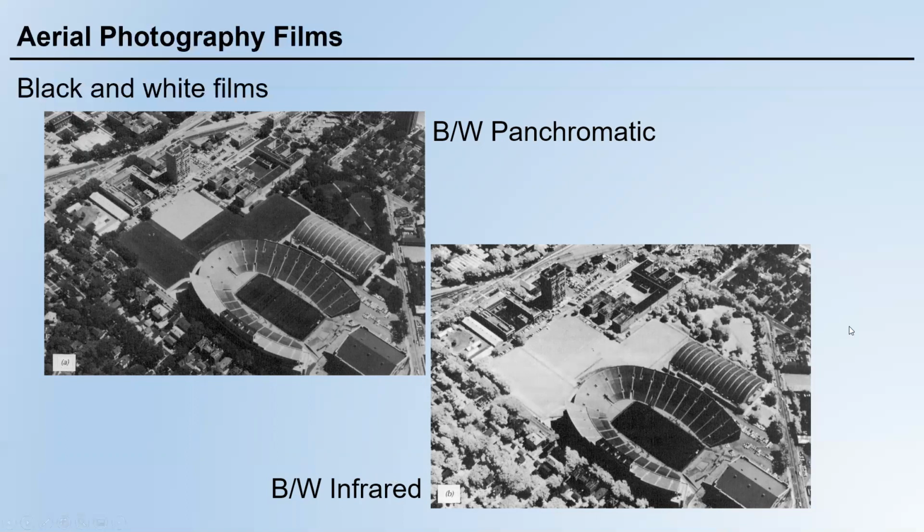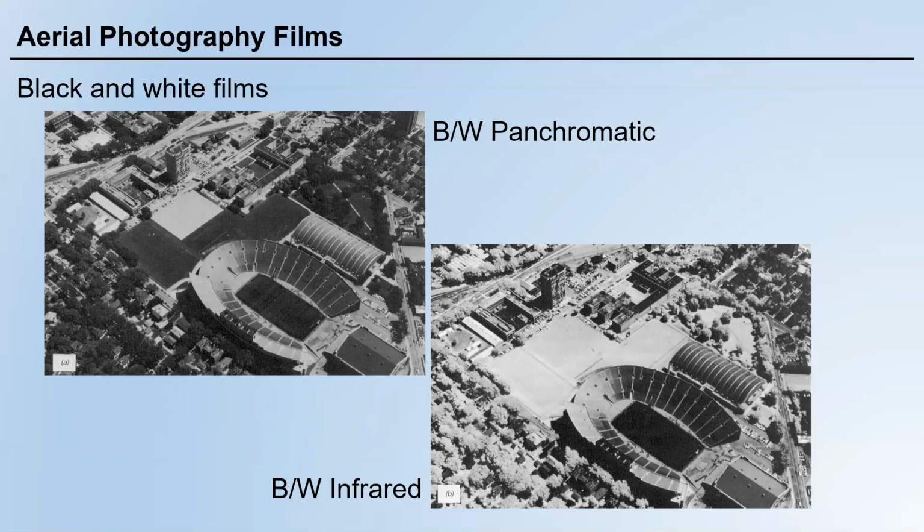It means that vegetation is pretty good at reflecting near infrared energy. And because B and W infrared films are used to capture the reflectance of near infrared energy, as a result, vegetation is bright in a BW infrared image.